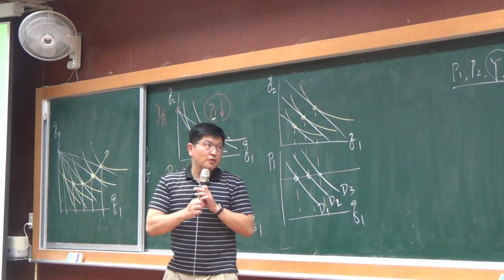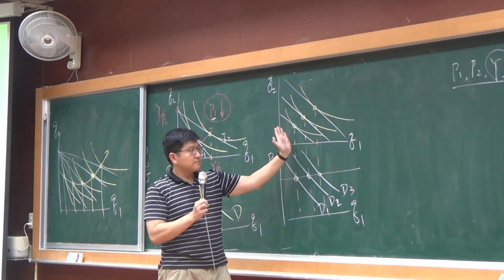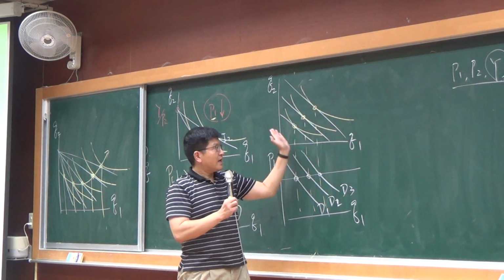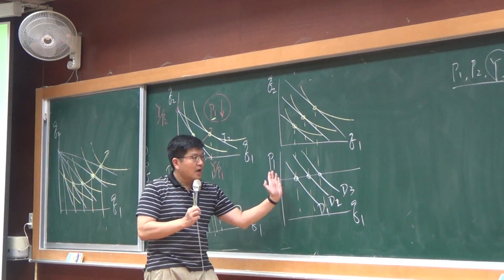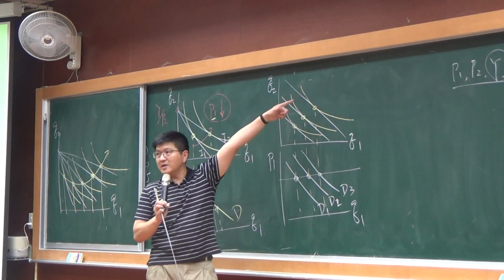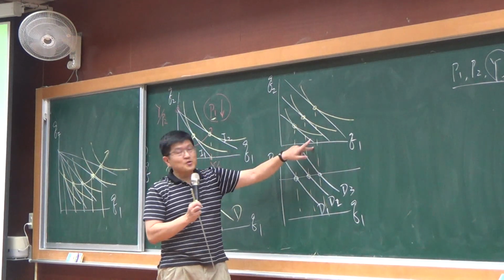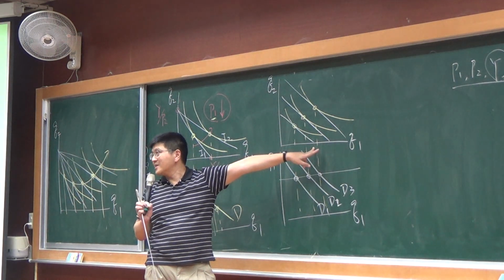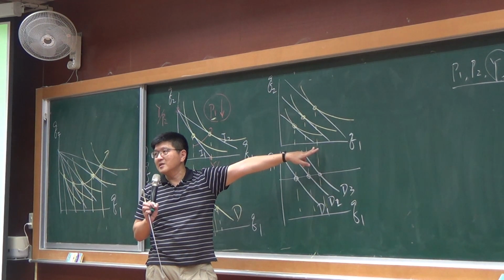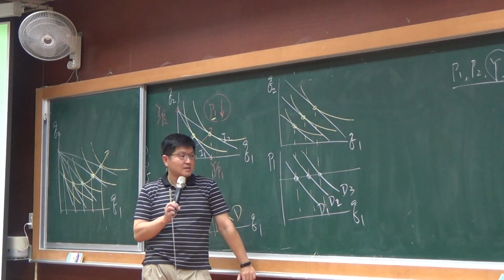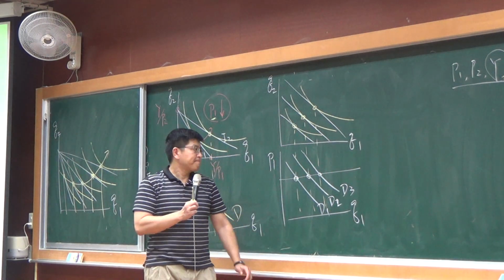So the effect of a change in the variable Y, the income: if you have higher income, then your demand function will shift outward, right? More money, more consumption, which is a normal good, right?